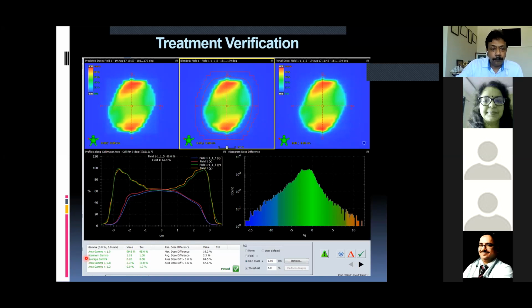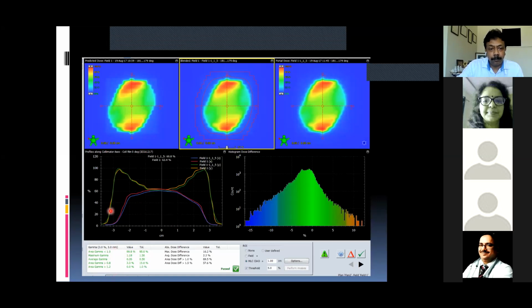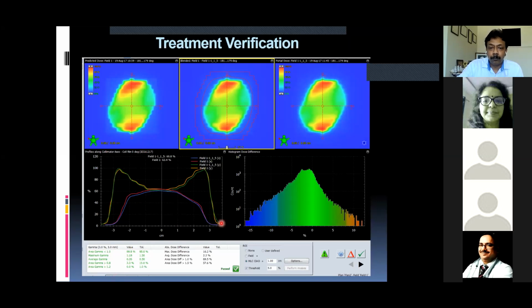And there are some quantities like gamma index, and we assign some passing values, and the plan is passed when this quantity is more than or less than the passing criteria. So these are also visible in a very beautiful graph, field by field. You can analyze field by field.